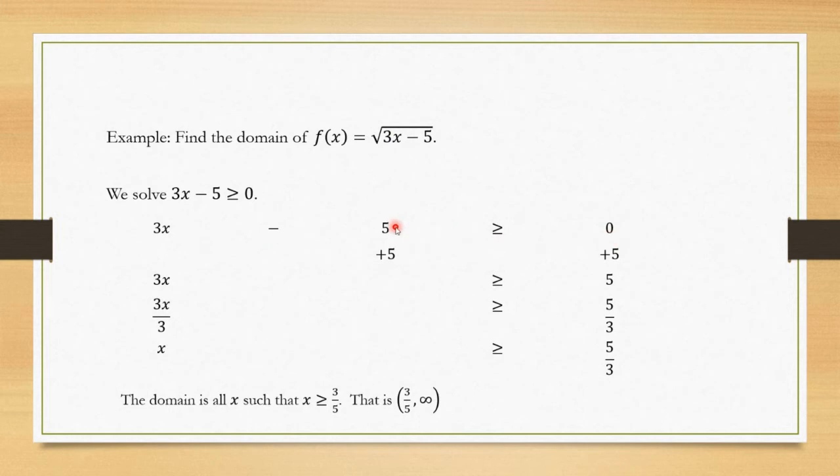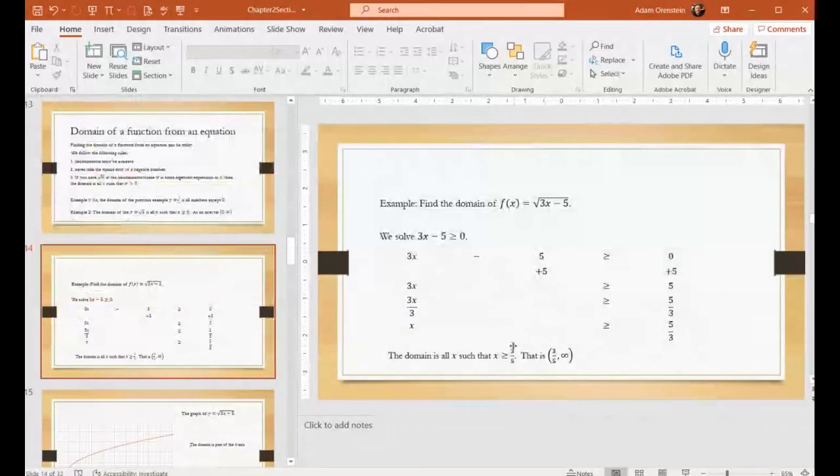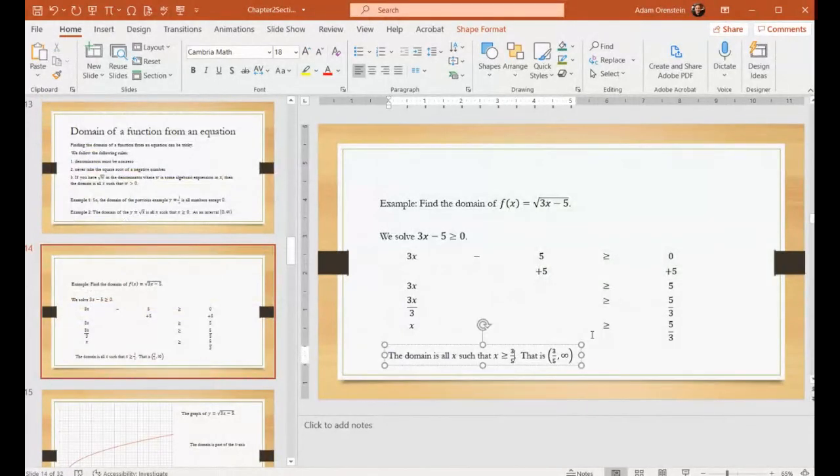So we get x all alone. We add 5 to both sides. We have 3x bigger than or equal to 5. Now again, we don't want 3x, we want x. So we divide both sides by 3. And we get x greater than or equal to 5/3. I don't know why I put 3/5 there, but let me fix that.